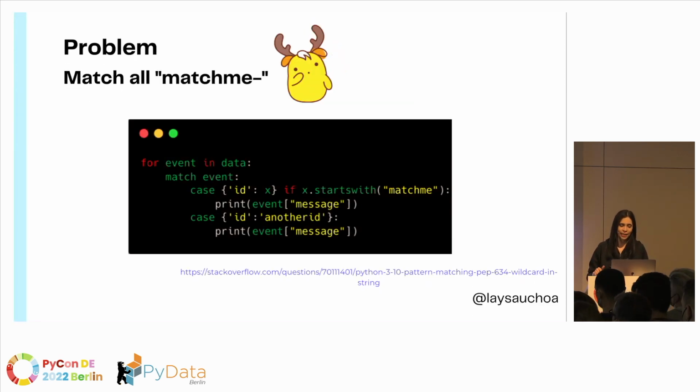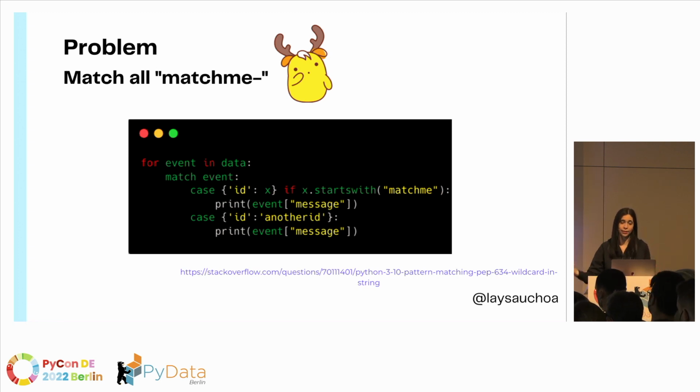So you have it here. You would be looking for the ID, and you would be binding this to a variable called x, and you're going to be doing a guard on it. Here, when x starts with matchme, you would do the action, so we have the answer here. He or she wants to know all the instances that start with matchme.